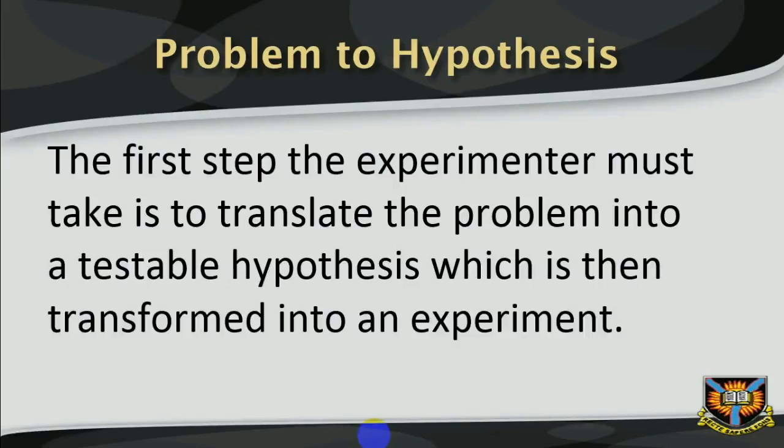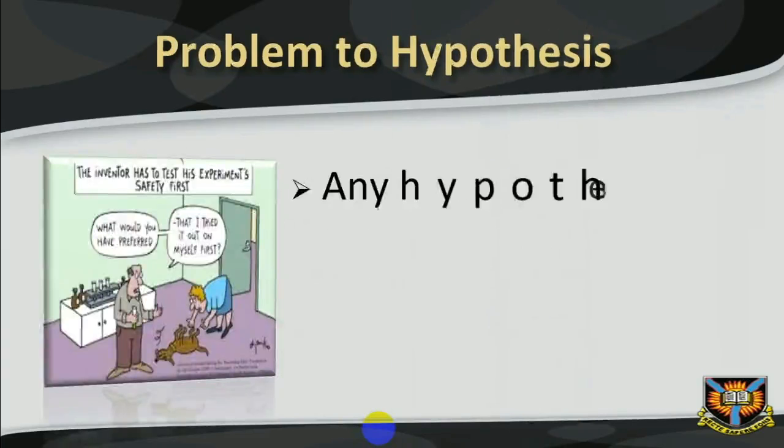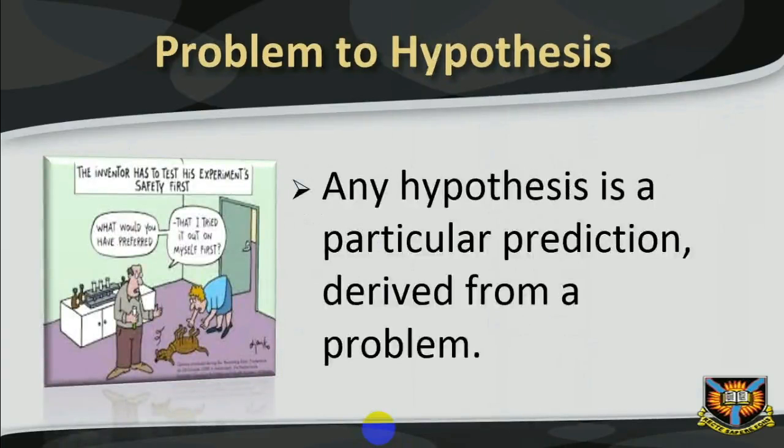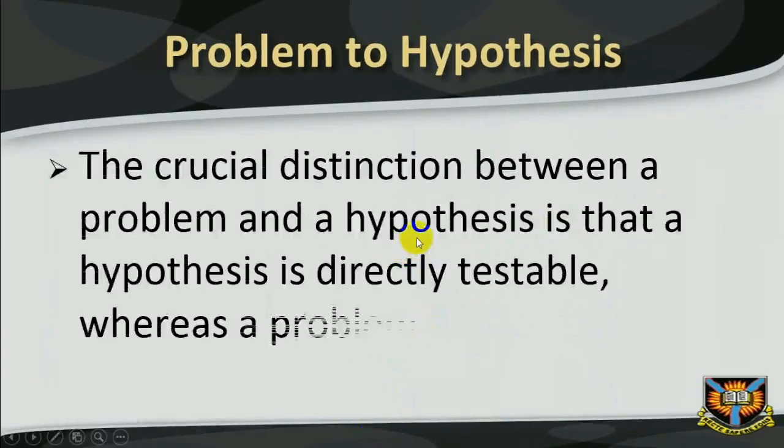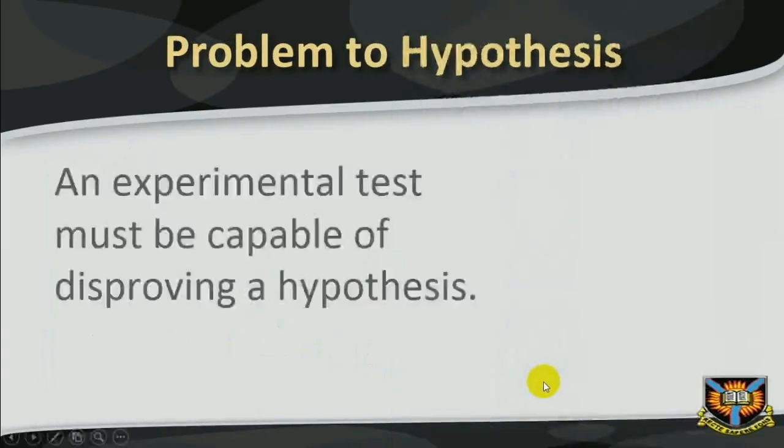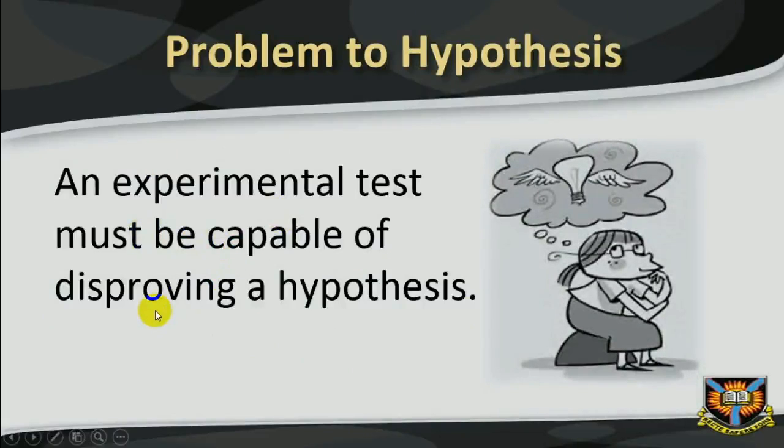Any hypothesis is a particular prediction derived from a problem, often stated in this form: if A, then B. The crucial distinction between a problem and a hypothesis is that a hypothesis is directly testable, whereas a problem is not.